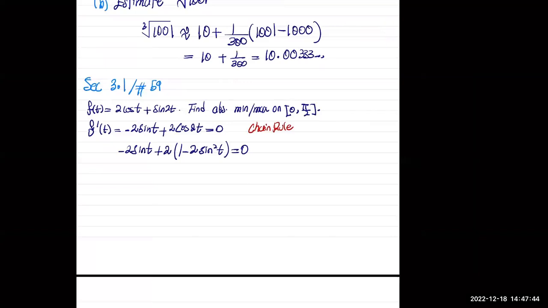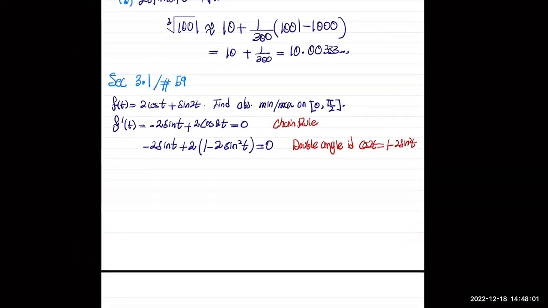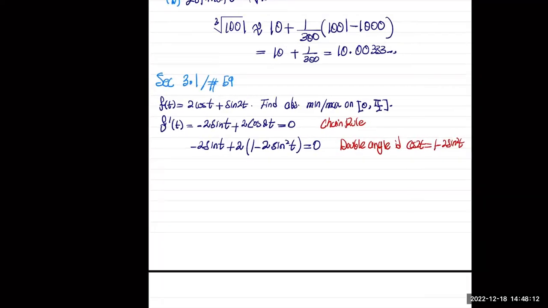So again, here we did the double angle identity for cosine of 2t being 1 minus 2 sine square t. There are 3 identities for double angle of cosine. I use this one, the one that has sine in it, because this equation has a sine.